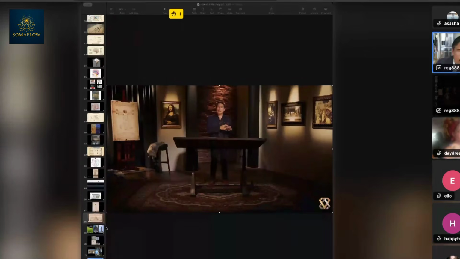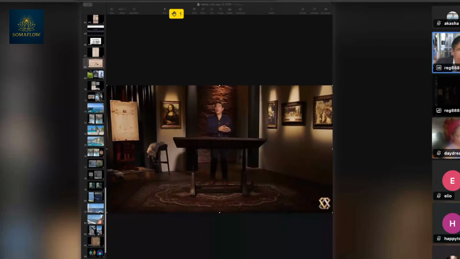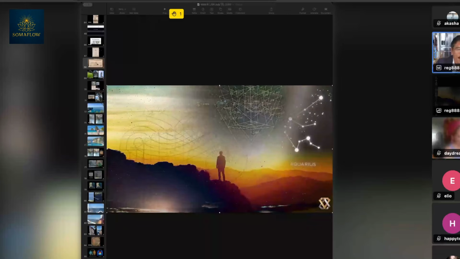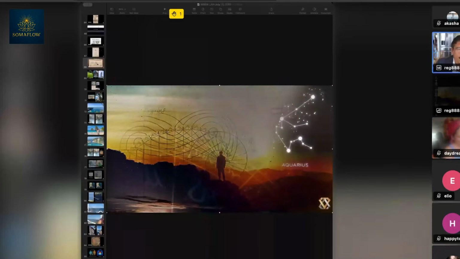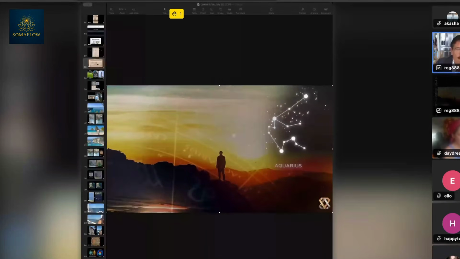Our viewpoint of our understanding of our consciousness and where we are will now adjust to the new paradigm of the Aquarian operating system.